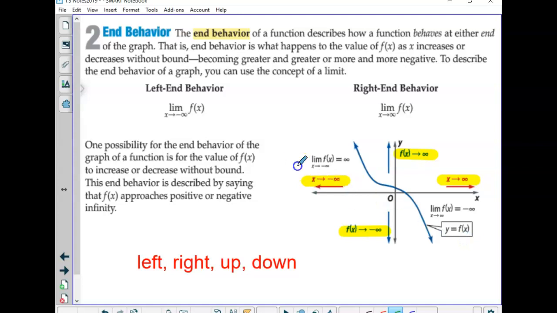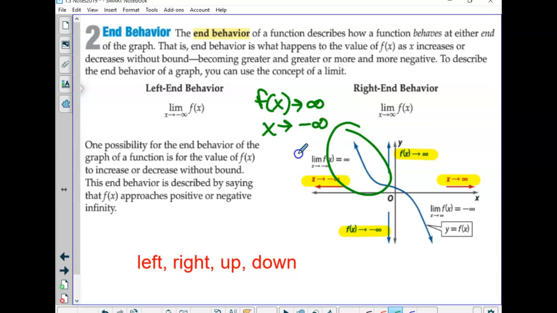If we're going left end behavior, this one is doing what? On the left end of this graph, yes, we'd say the function is going up as x goes to the left. Do you remember doing this last year? Okay.